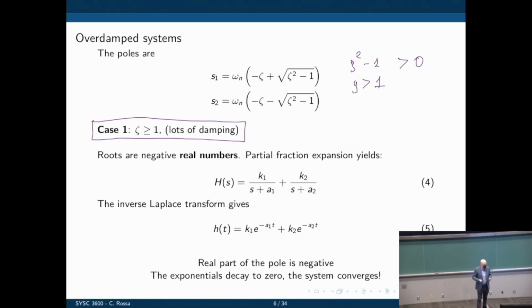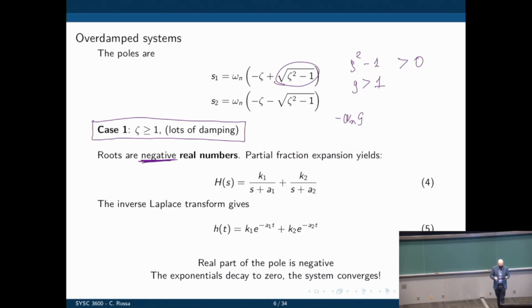Right. So because of this, now the roots are negative real numbers. And another important point here to note is that they are negative, right? Because we have negative omega n times zeta, and what comes out of the square root is a positive number that is smaller than zeta, so the result is always a negative number.